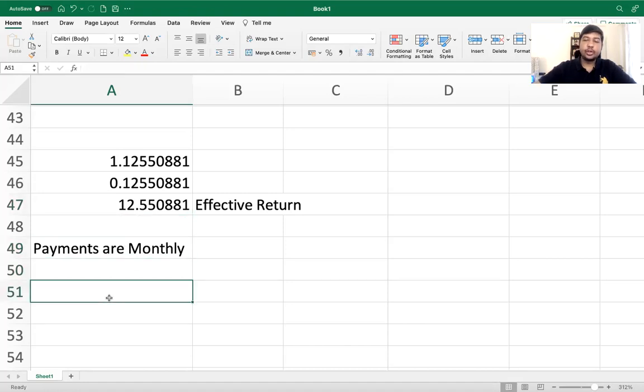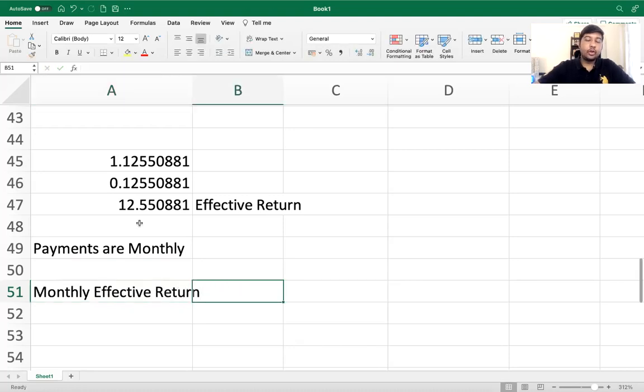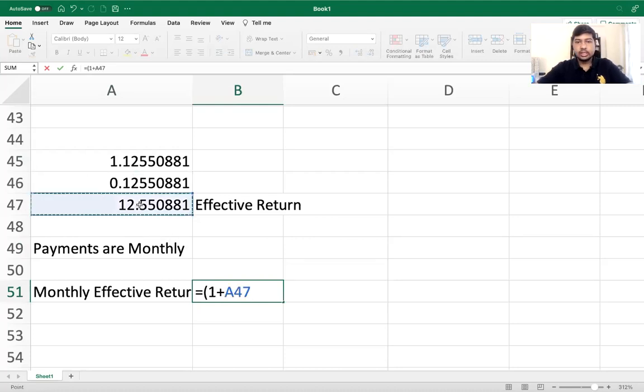So you calculate the monthly effective return. If 12.55% is the annual effective return, what will be the monthly compounding kind of return? So it will be 1 plus this divided by 100 raised to 1 divided by 12.